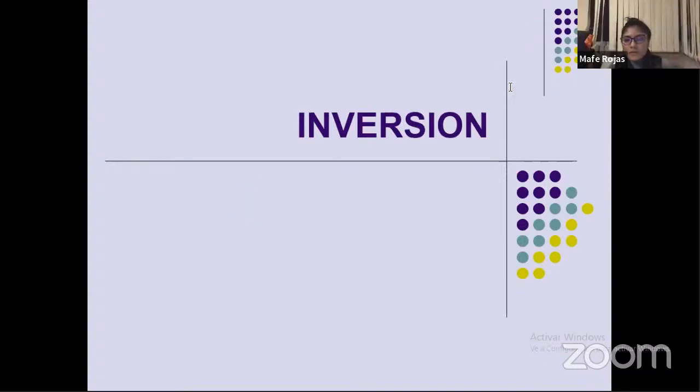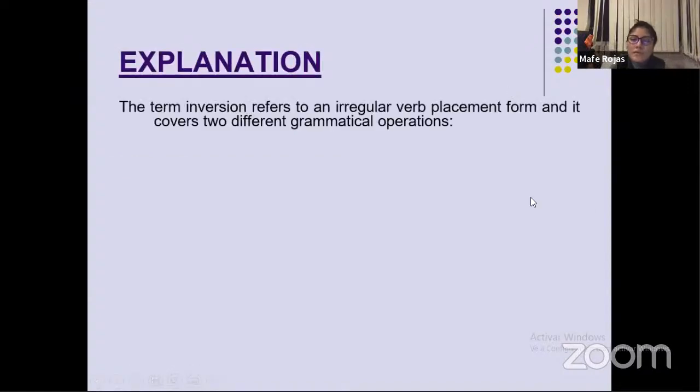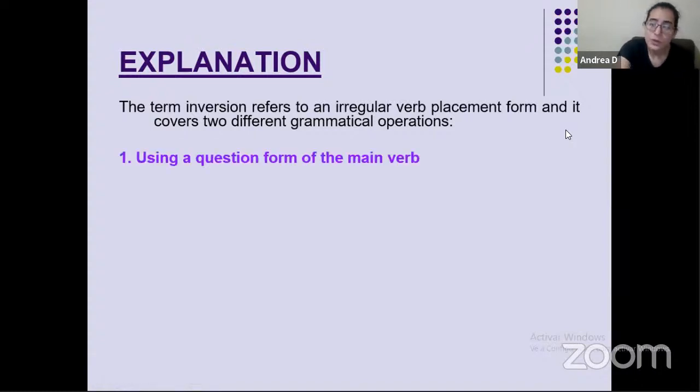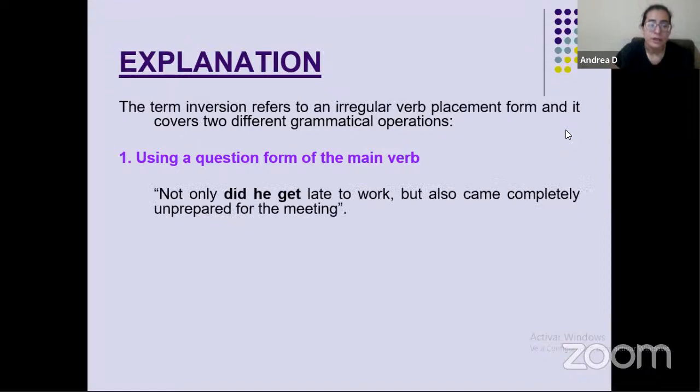Okay. So let's see. As I was saying, it refers to an irregular verb placement and it covers two different grammatical operations. So you can either use a question form in a sentence. For example, here I can say, "Not only did he get late to work, but also came completely unprepared for the meeting." So this is a sentence, right? It has capital letters, a period, it's a sentence.